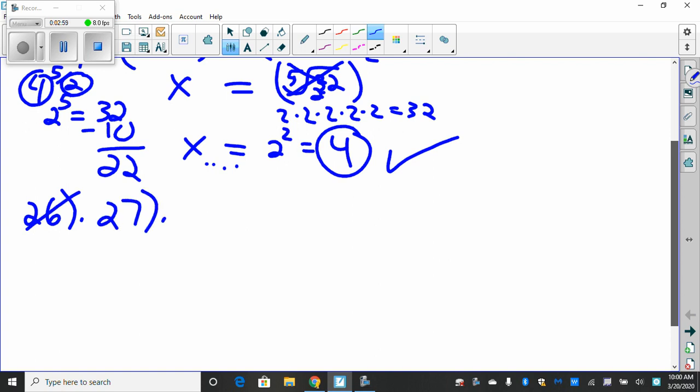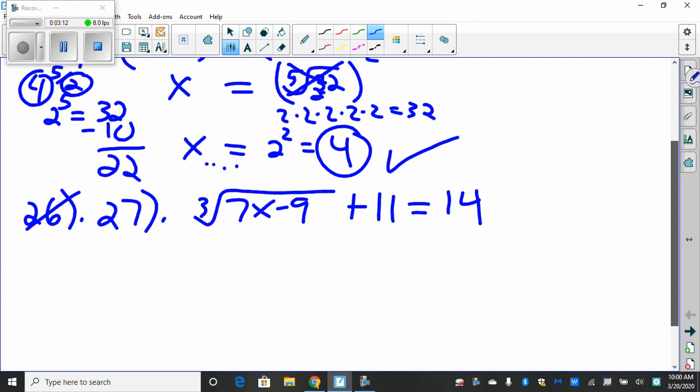And 27 was, let me see, the cube root of 7x minus 9, plus 11 equals 14. All right. Well, obviously, I got to get rid of that 11 by subtracting it over here. So I'll just be left with the cube root of 7x minus 9 is equal to 3.